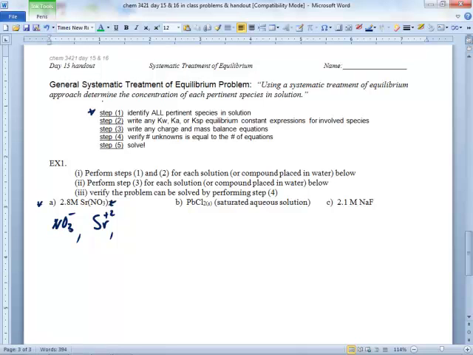So step 2 is done. Step 3, write a charge balance. So what would you write? All the positive charge on one side and all the negative charge on the other.